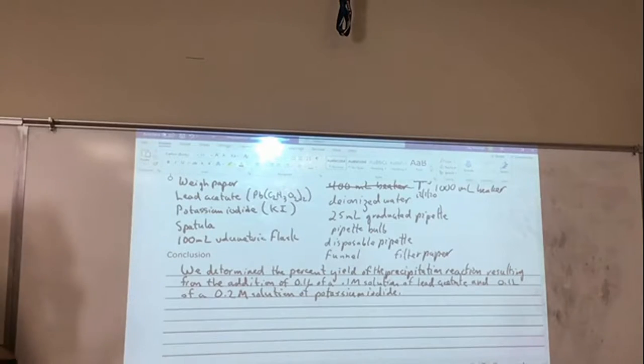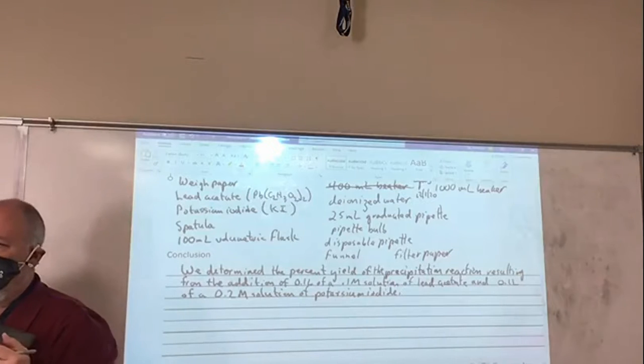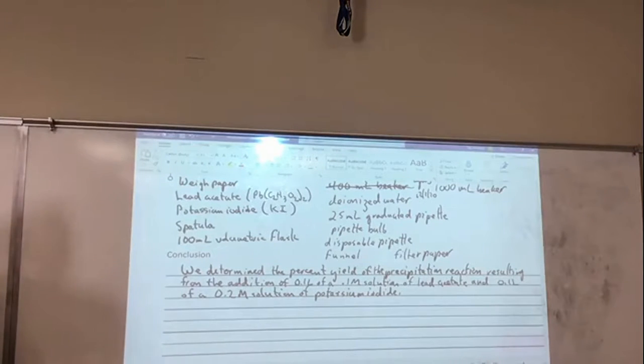We found, okay, what kind of information might I want to put into that? I guess the process didn't have a full yield. It wouldn't be the expected yield. We found that when we added two chemicals, we got a bright yellow precipitate.